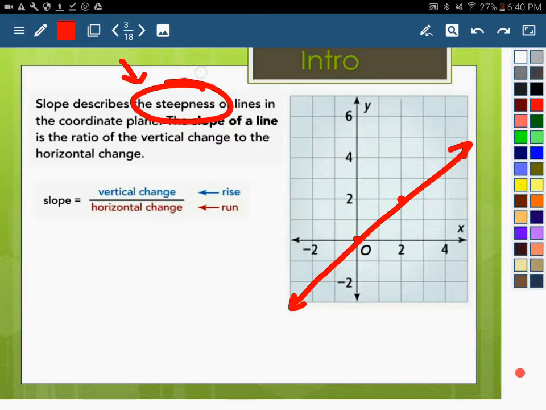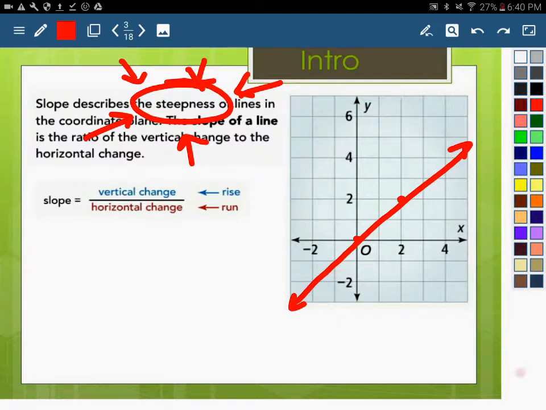Slope represents a number that describes how steep a line is. So literally think about a ski slope. The steeper that slope is, the larger the number that represents slope is going to be. I usually connect the word slope to thinking about a ski slope.